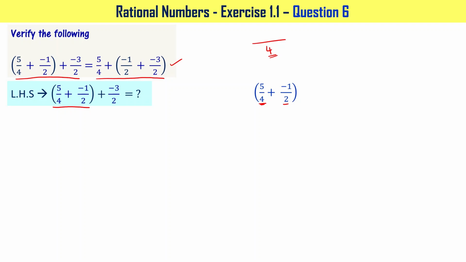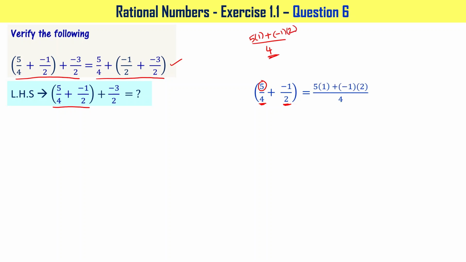For that reason, we write it as 5 times 1, then plus. Now divide 4 by 2, the answer is 2. That's why we multiply minus 1 with the number 2.